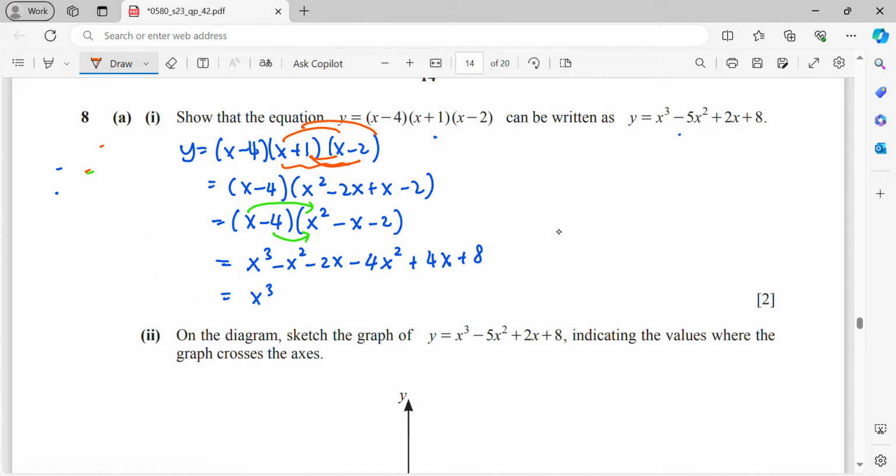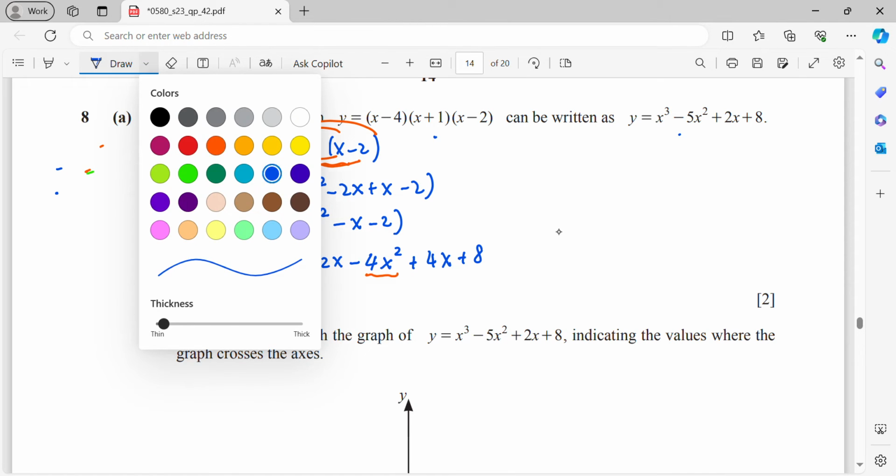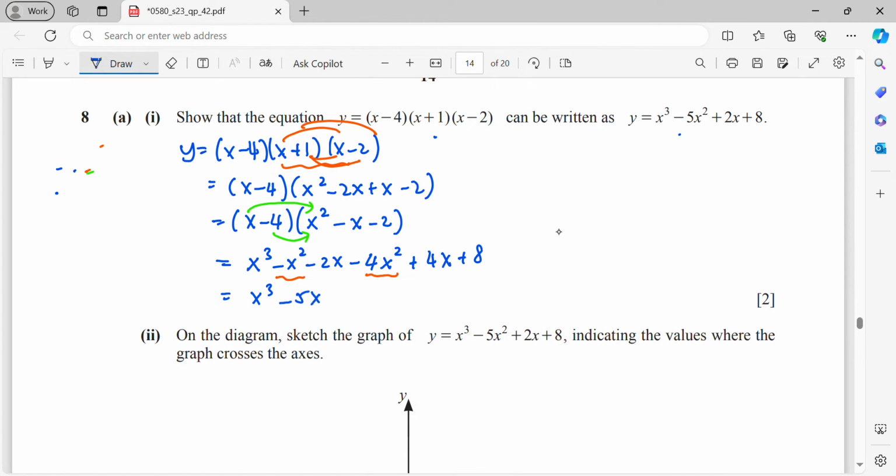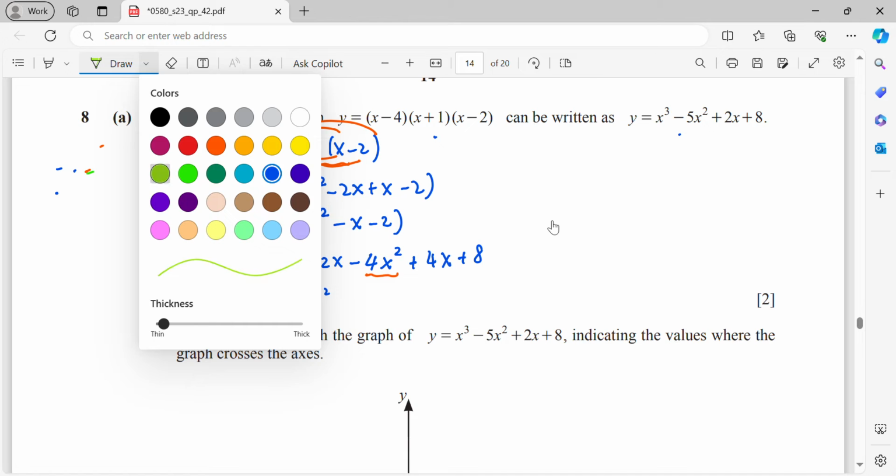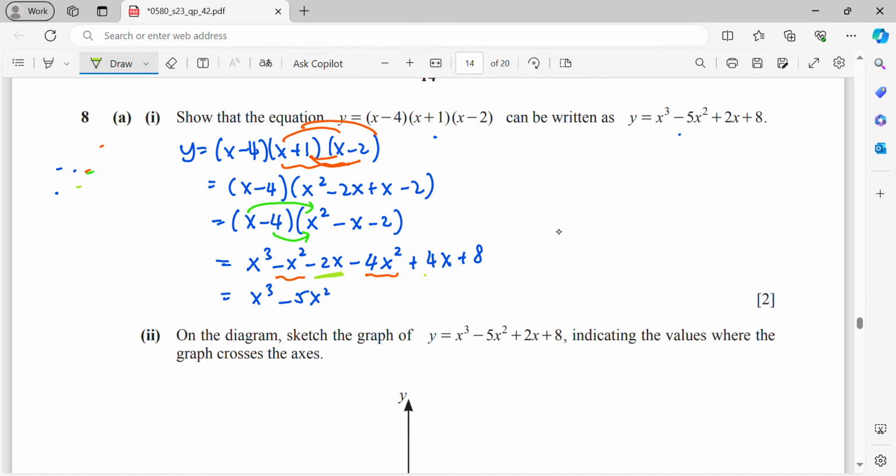Now from here, you see minus x squared minus 4x squared. It will be minus 5x squared. Okay, then the next term is minus 2x plus 4x, it will be plus 2x, then followed by plus 8. So that's your solution. Okay, so done for the expansion.